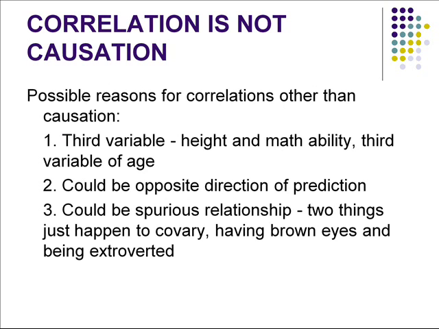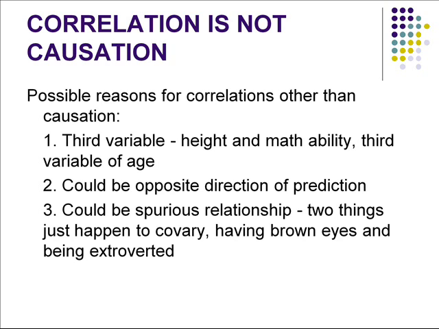There are a number of reasons you could find a correlation between variables other than the directional causation you expect. First, as we saw, there could be a third variable, such as temperature causing an increase in both your variables, ice cream sales and murder rates. Another example of this is the correlation between height and math ability.